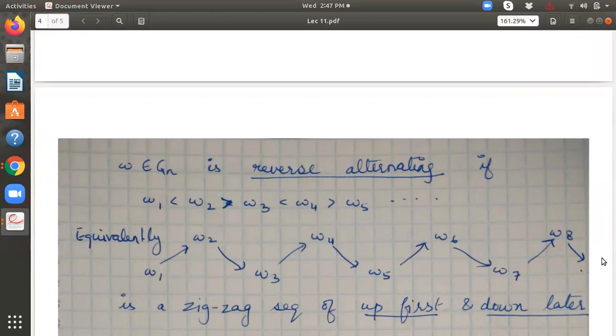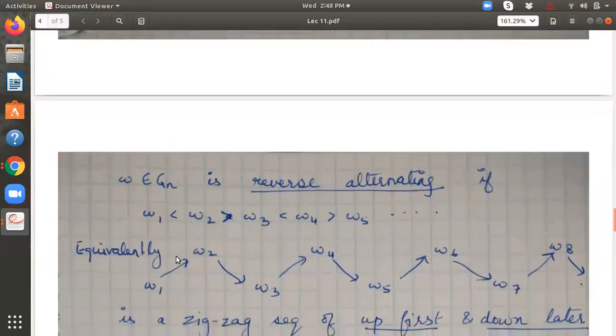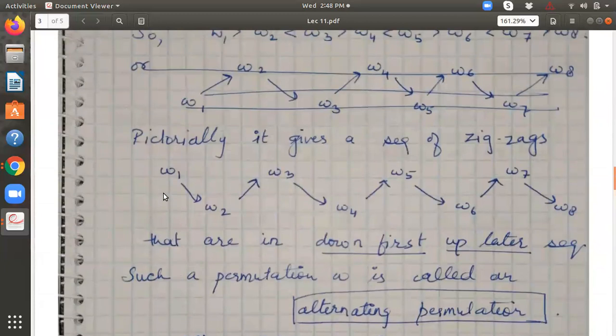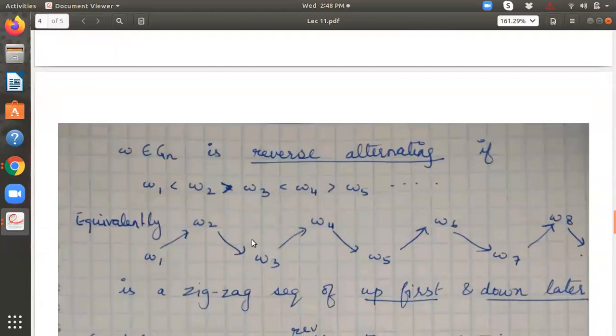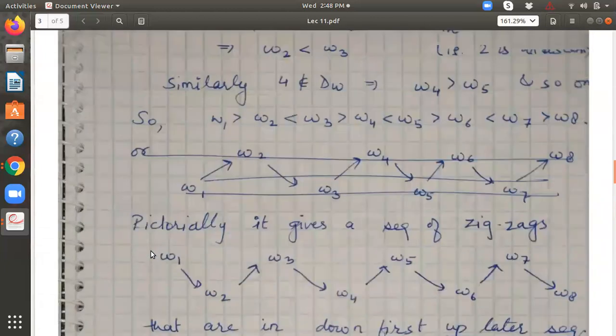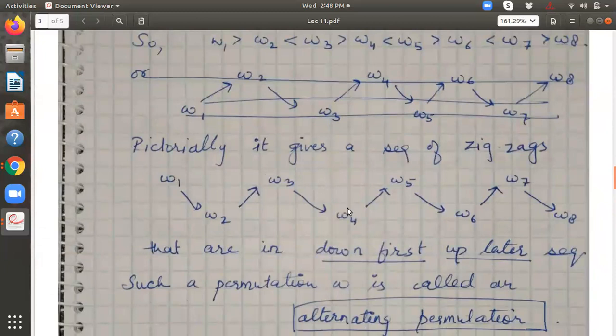If there was an up arrow, it was immediately followed by a down arrow, and every down arrow was immediately followed by an up arrow. Now each up arrow has been converted to a down arrow, and every down arrow to an up arrow. And this same technique you could have done even to an alternating zigzag. This was a reverse alternating zigzag where I explained this entire thing, but the same phenomenon applies here as well, correct?